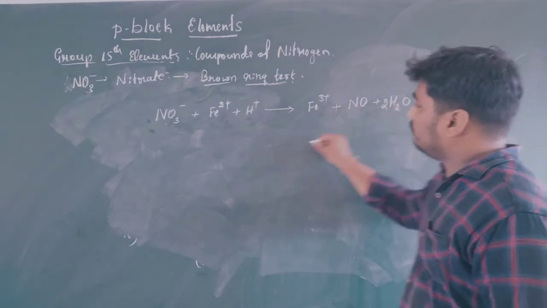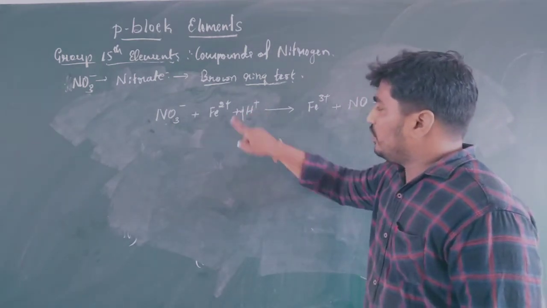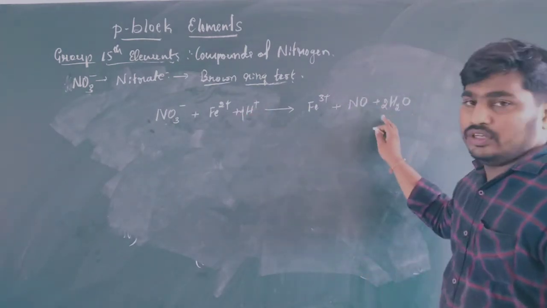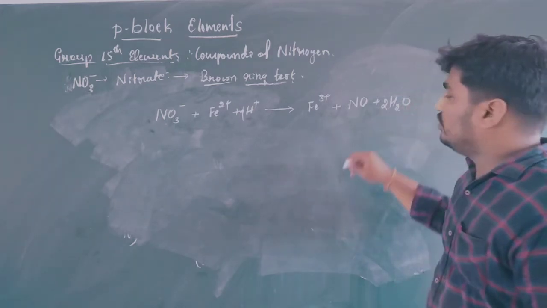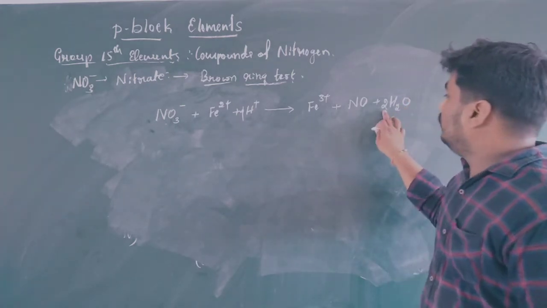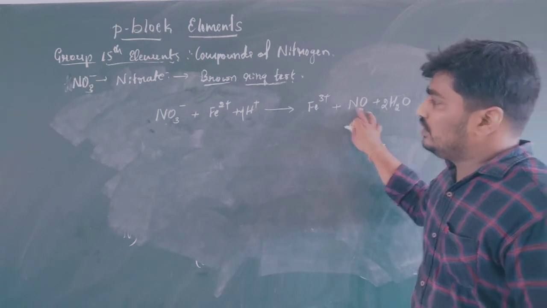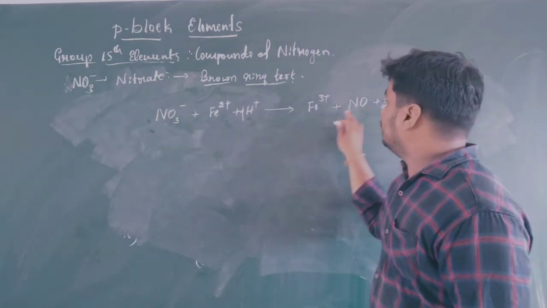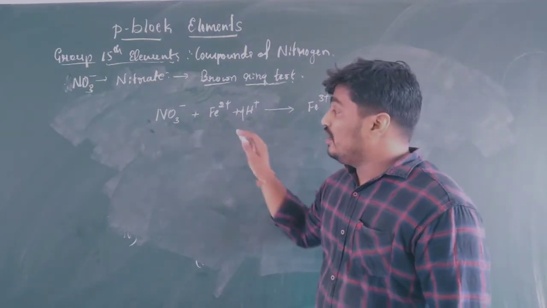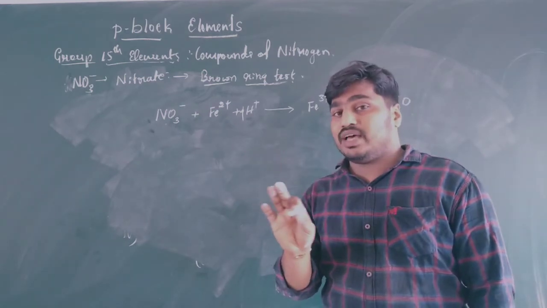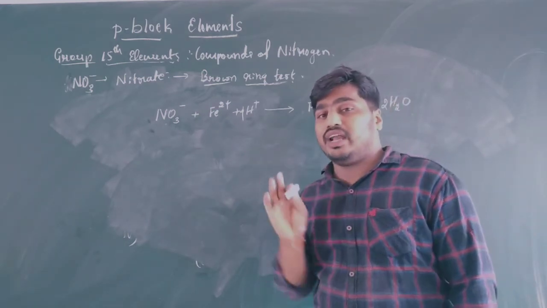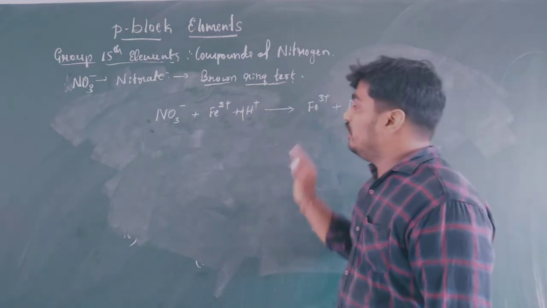Here two molecules of water, and consider 4 to make it even, and consider 2 into 4. So 2 oxygen plus 3 oxygen is there, and 1 nitrogen, and that's it. Now the reaction is balanced, but the electronic balance has not taken place.